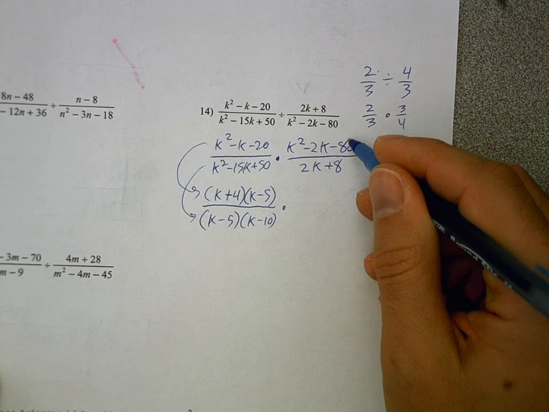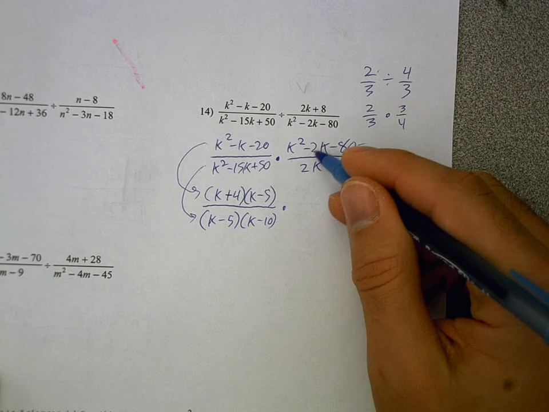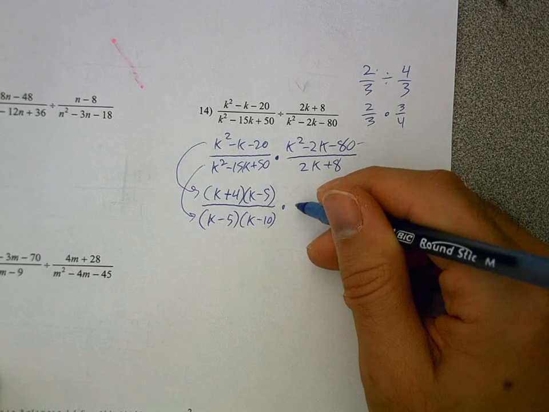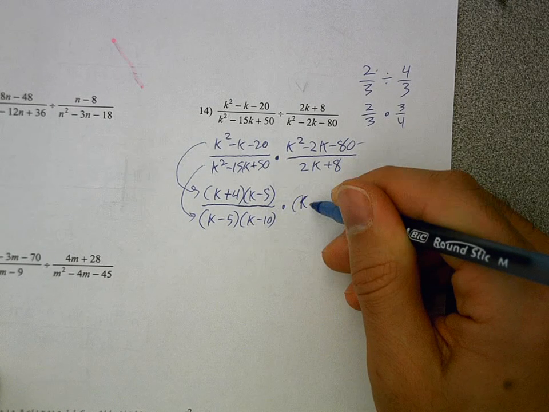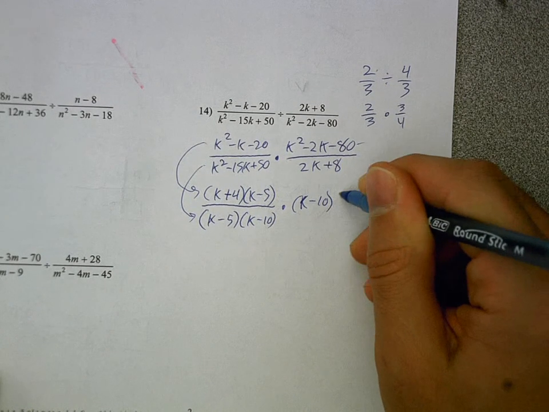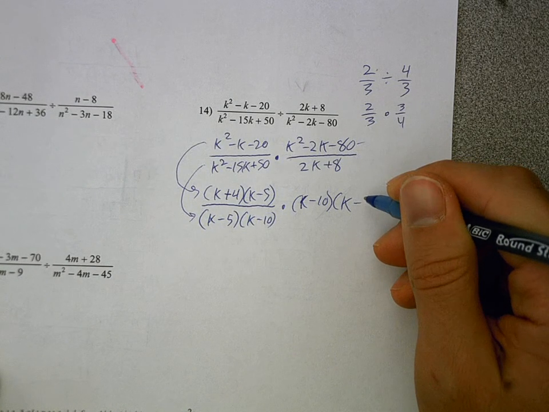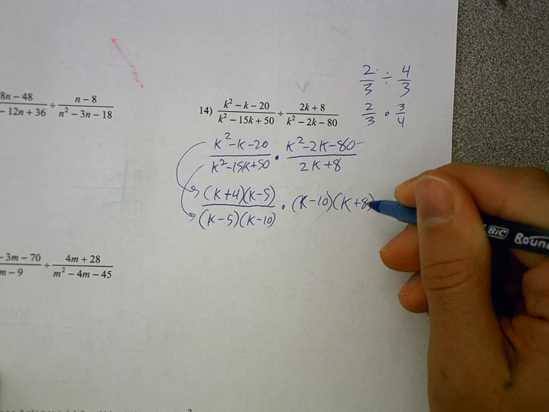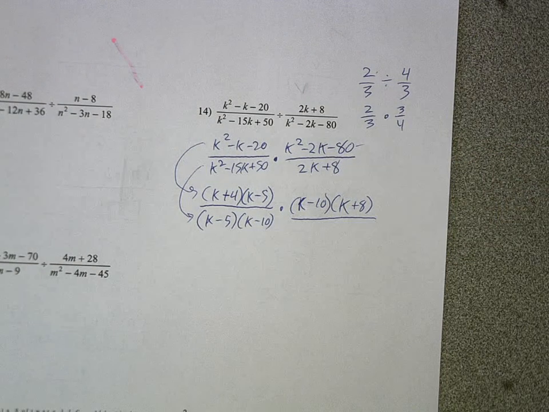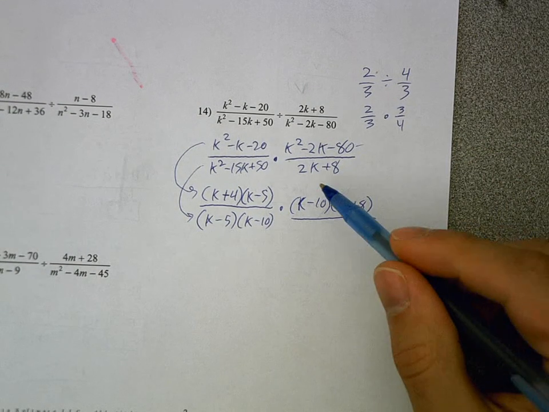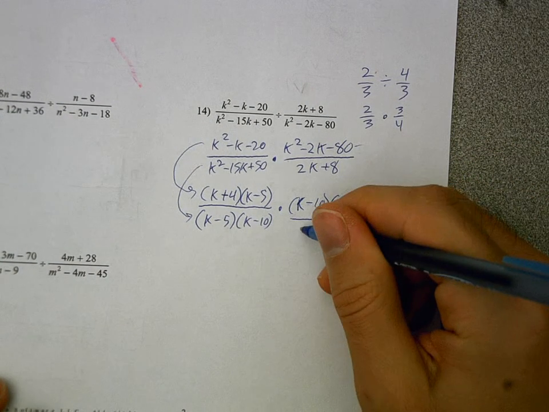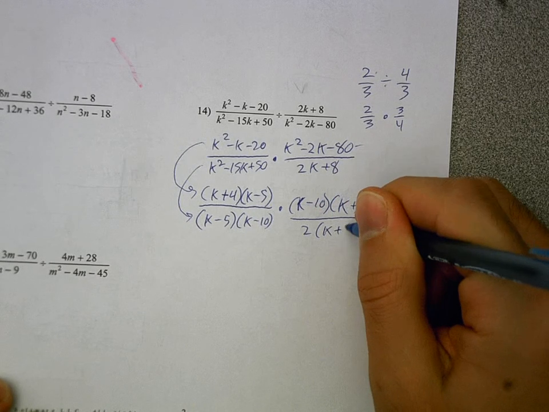That's going to work, right? 10 minus 8 would be 2, or 8 minus 10 would be negative 2. So k minus 10, k plus 8. And on the bottom, you can factor out a 2, right? 2 times k plus 4.